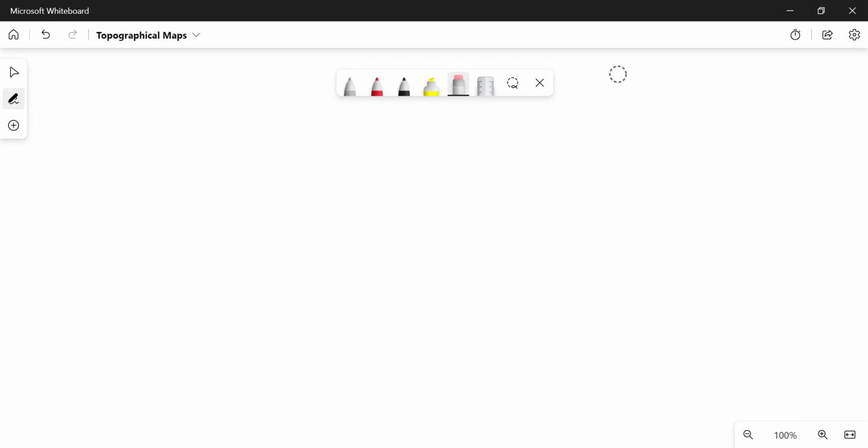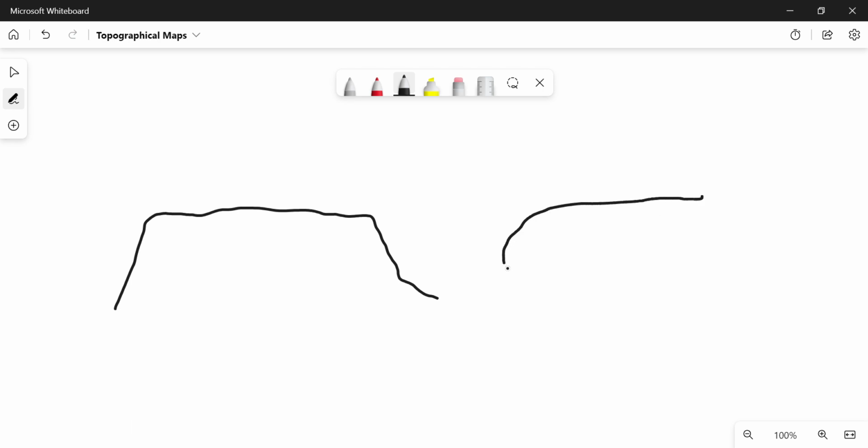Now let's make a plateau. How do I make a plateau? For example, this is a plateau. How do I denote this? First, as there is so much space over here, we are making this big as well.